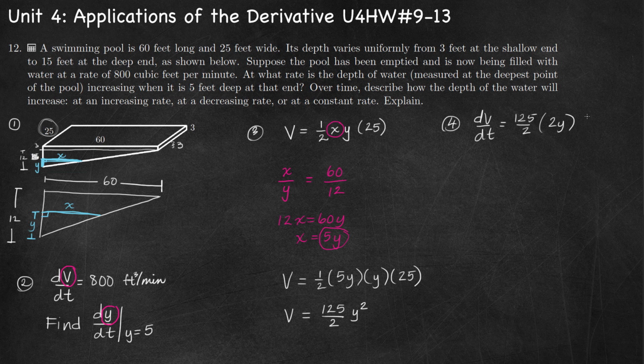Since we're taking the derivative with respect to t, we compensate by multiplying by dy dt. And now conveniently, these 2's cancel out, and I have dv dt equals 125y times dy dt. So step 5, we're going to substitute in all of our known values. I know that dv dt equals 800.